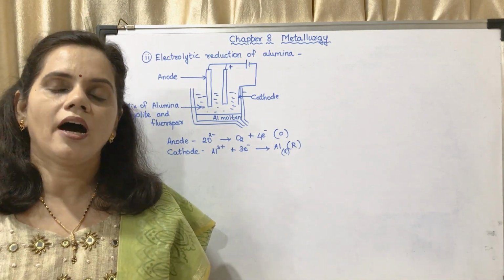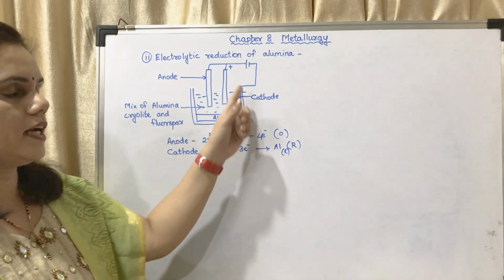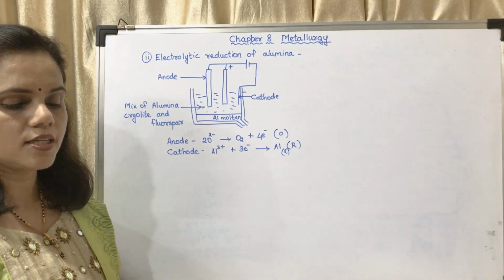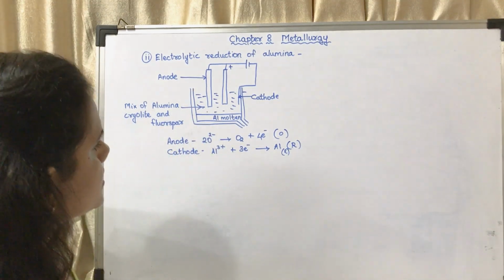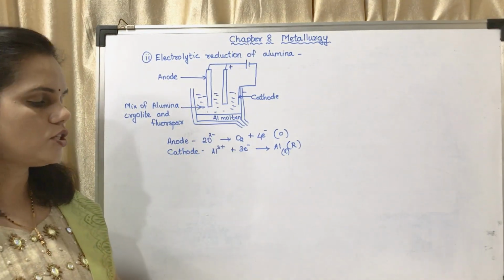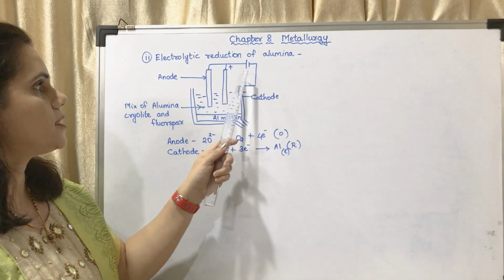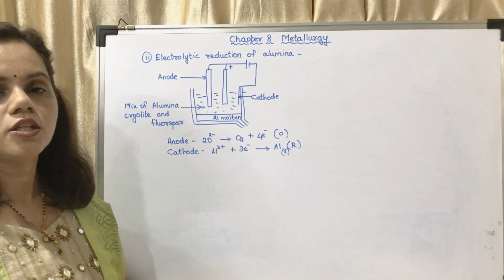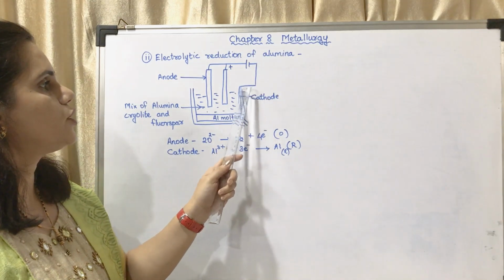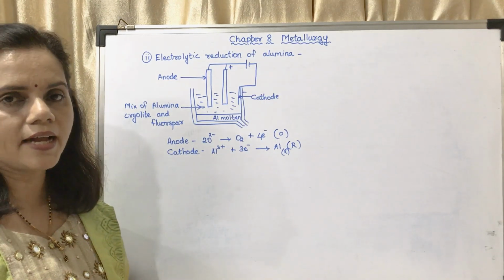Okay. Now after that you have to take it in a tank. This is a steel tank. This is the setup for electrolysis. These are two rods which are electrodes. Those electrodes are connected to the positive terminal, so they are positive, so it is the anode.